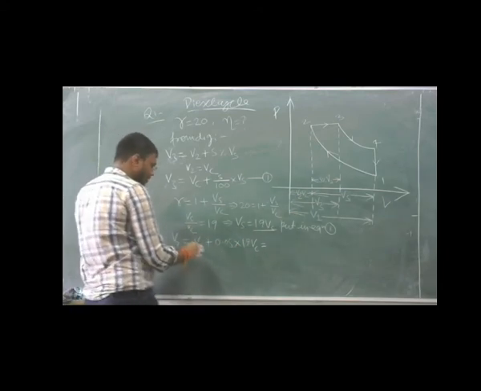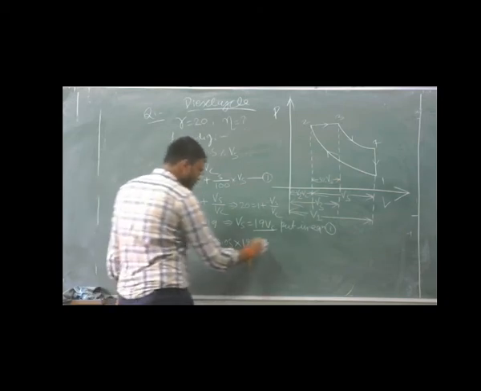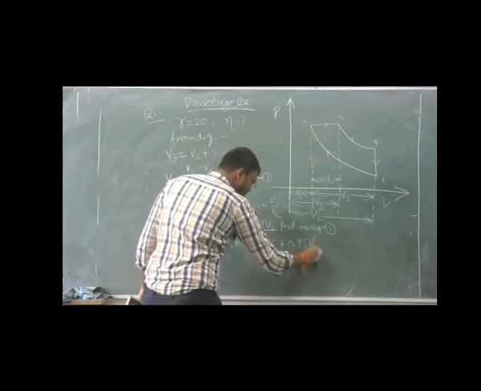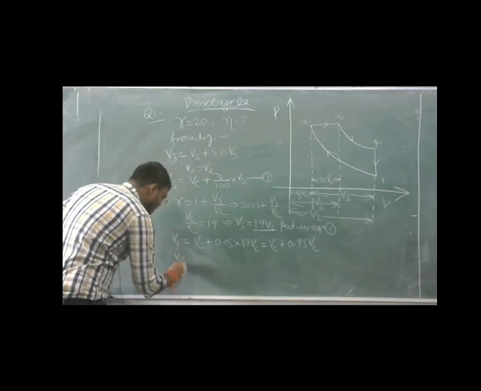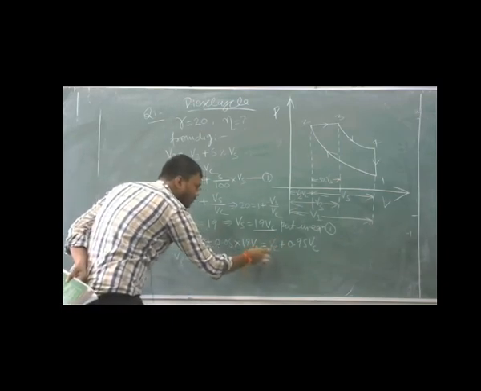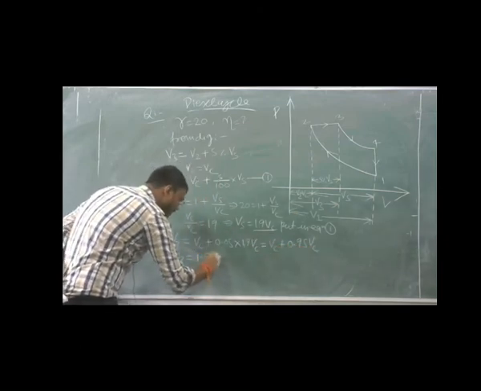So we will get the value of V3 equal to Vc plus 0.95 Vc. Now here is also Vc, here is also Vc, so you will get 1.95 Vc.